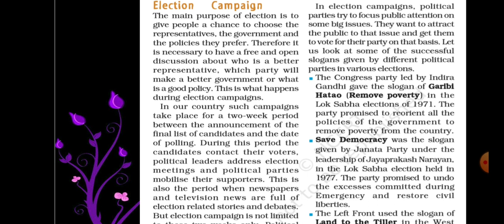And then, in addition to the laws, all the political parties in our country have agreed to a model called the code of conduct for election campaigns.